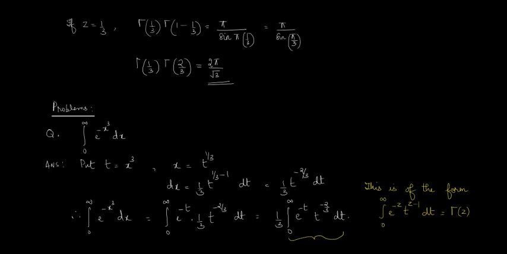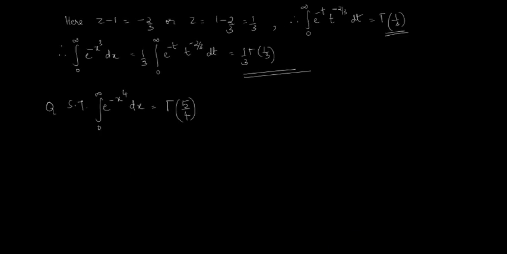It is e raised to minus t, t raised to z minus 1 dt. We had seen such a form for gamma function, and comparing with that form, you can understand that instead of z minus 1, I have here minus 2 by 3, right? So instead of z minus 1, I have minus 2 by 3. So my z becomes 1 by 3.